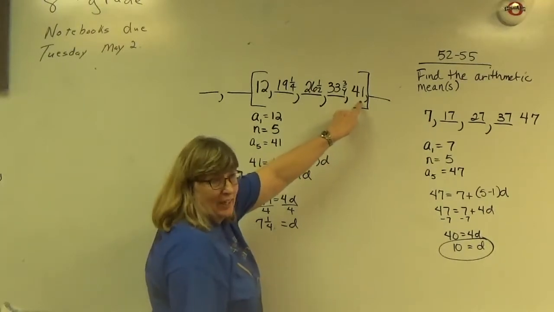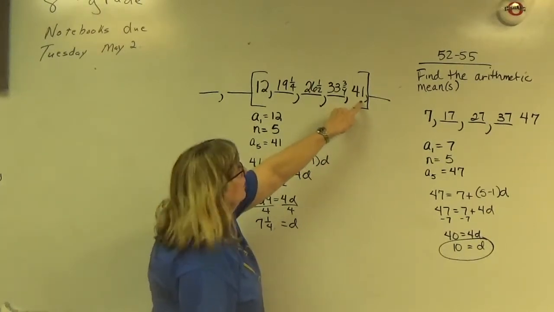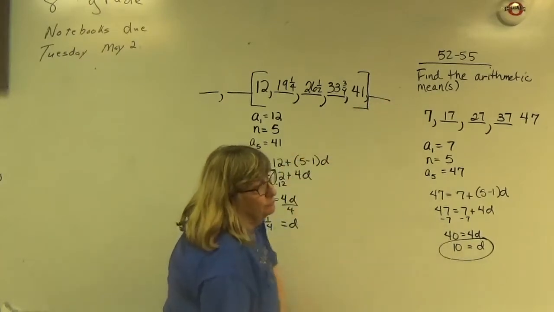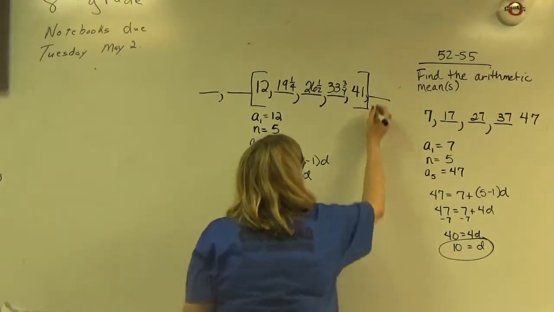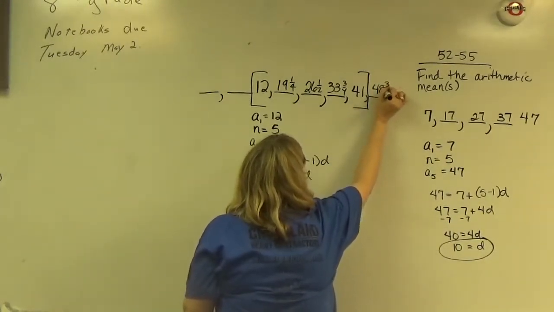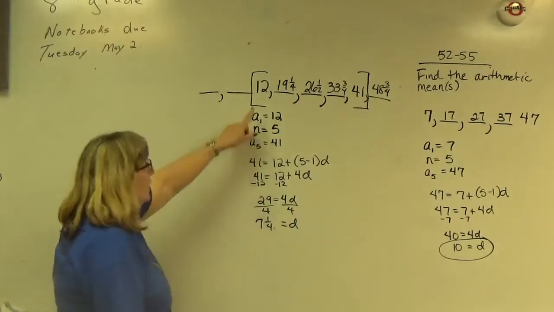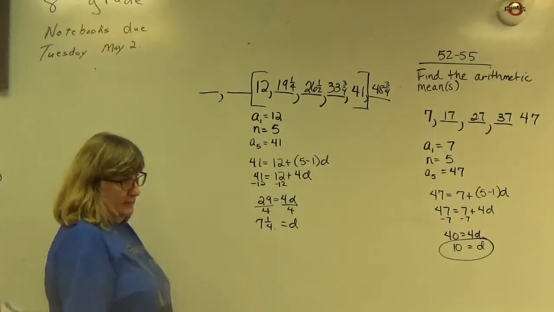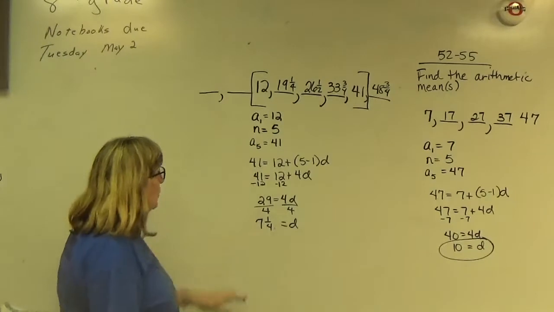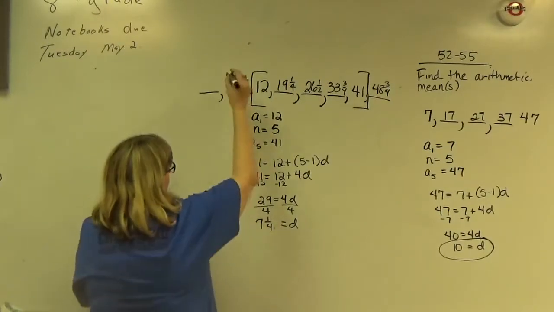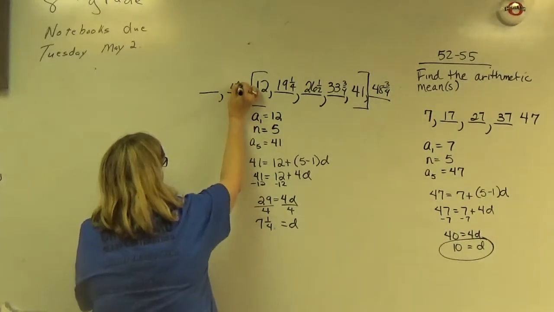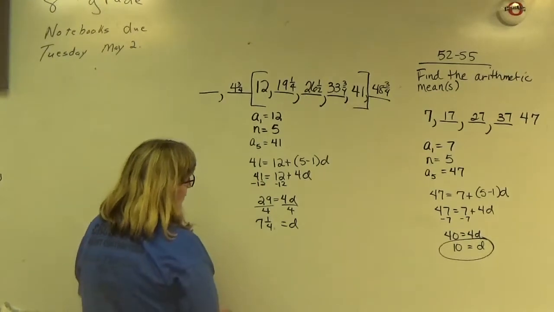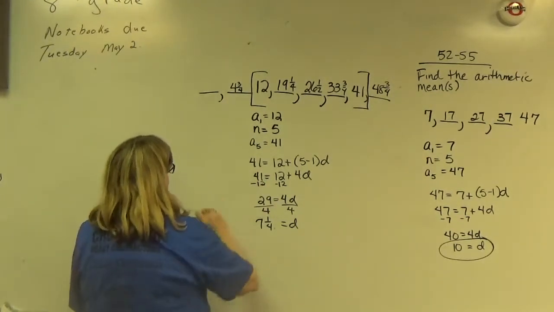So you have a check. Now, what would I do to get what came after it? Add it again. What would I do to get what came before? Subtract it. So what's 12 take away 7 1/4? 4 3/4. And what's 4 3/4 take away 7 1/4? -2 1/2.